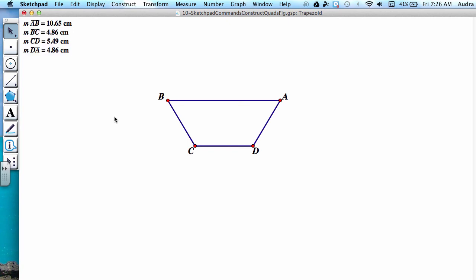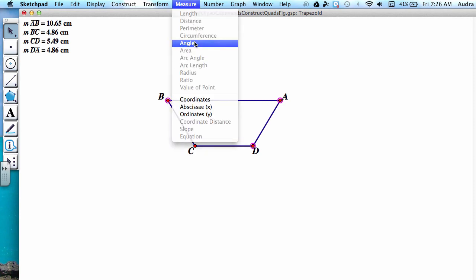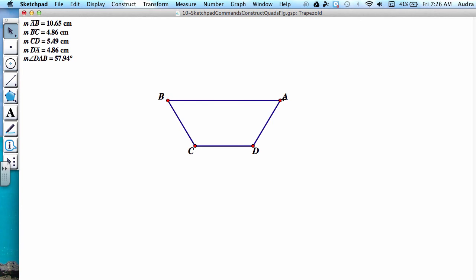Now we're going to do each angle individually, and in order to do so, we're going to select 3 points at a time, making sure that our middle point is the vertex. So if I'm doing angle A, I'll start with point D and go to DAB and then measure angle. Then I'll do ABC, measure angle.